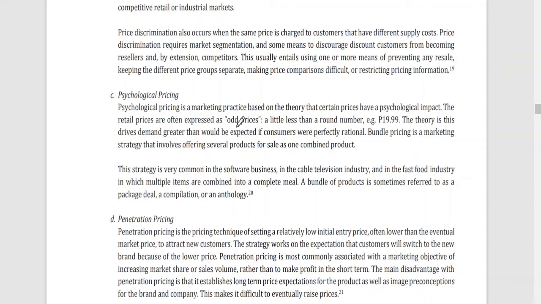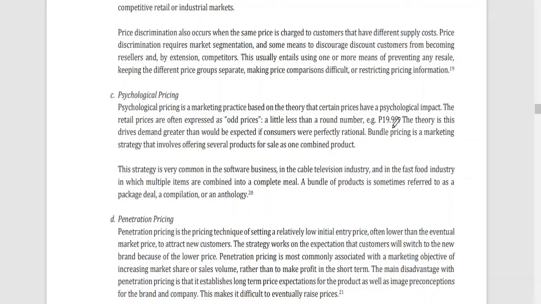The retail prices are often expressed as odd prices. This is very common, right, in fast food, in services, in salons? Or even clothes. It's popular there. Like, the value meals, they are not set at a whole peso amount. That's, for example, 79 pesos, 89 pesos, or say 899, right? It's not exactly 900, just one peso short, right?